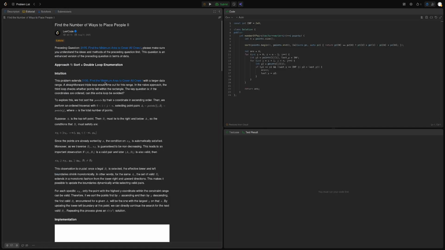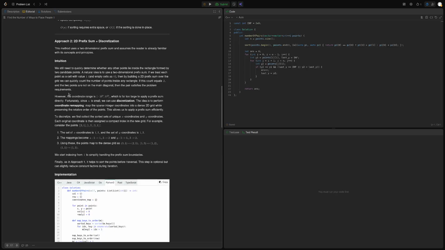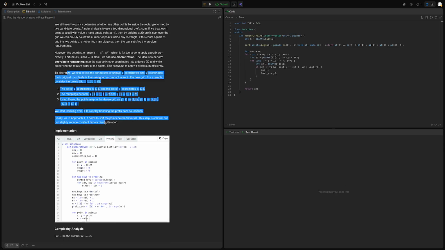Okay, but how do they do only O(n) memory? Okay. Coordinate. What do you mean discretization? The values are already discrete. Coordinate compression it's called.